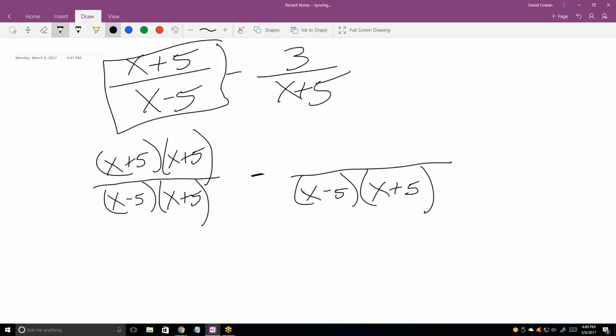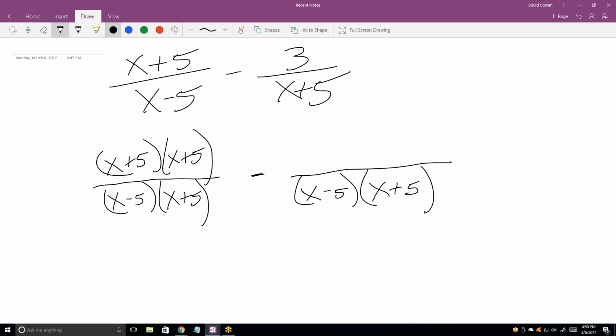When I write it completely in factored form, I can tell that that would cross with that, and I would end up where I started. And that's the advantage of writing the denominator in factored form rather than multiplying it out, because then you can tell that you haven't made a mistake.